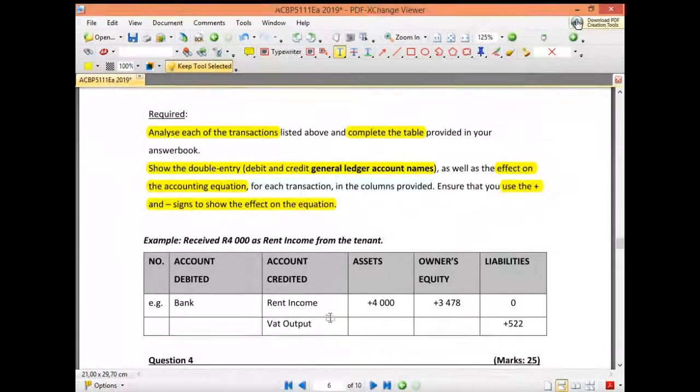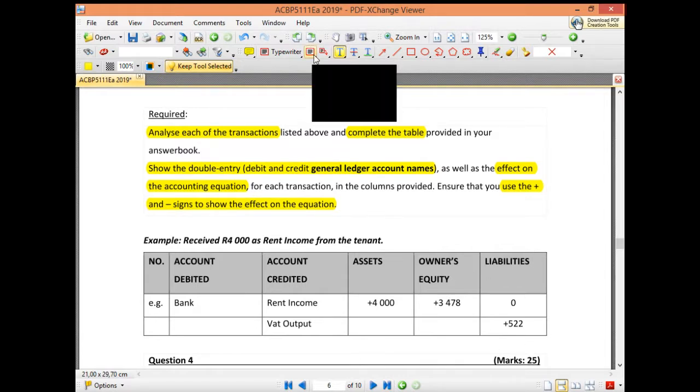Because there's VAT in this question, what would sometimes happen is we might have two accounts on the debit or the credit side and only one on the other. So you would use two lines to capture the transaction. And remember that whatever is on the asset side needs to equal what is on the owner's equity plus the liability side.